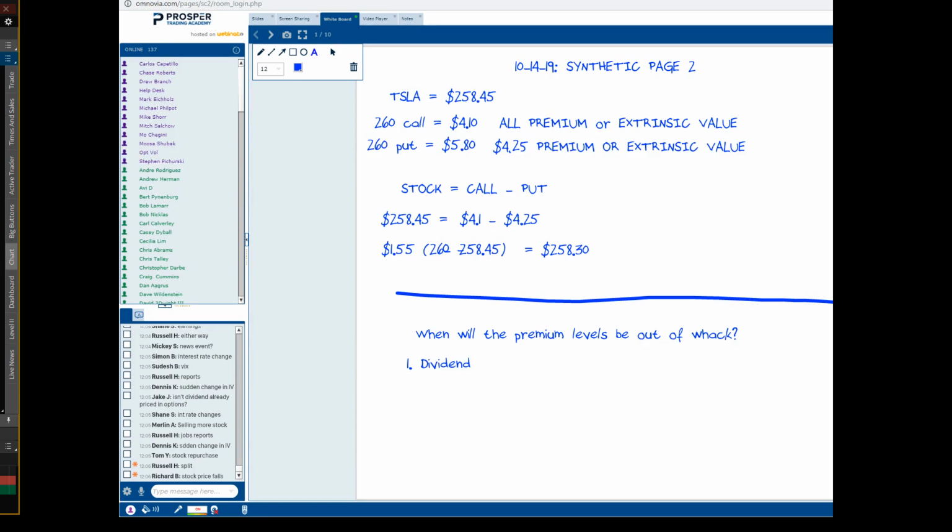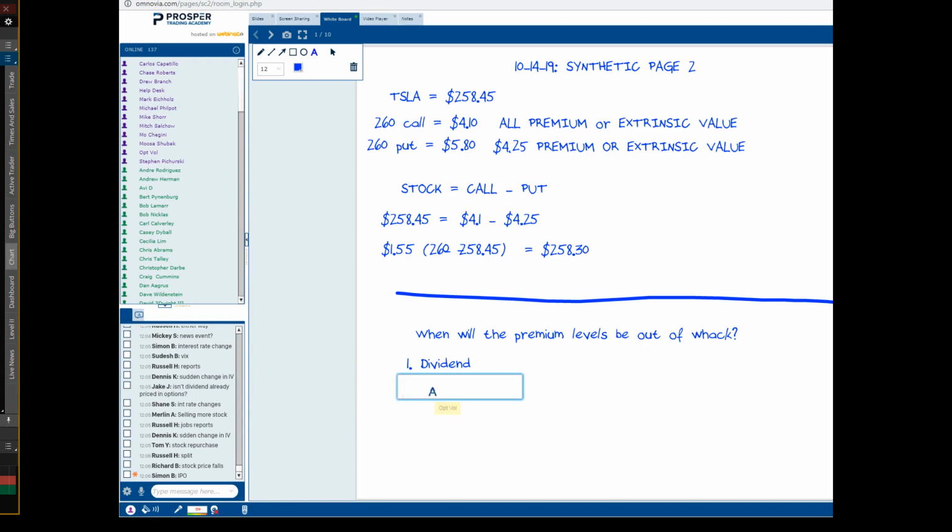Okay, remember when a stock, especially a new stock, comes out, an IPO, Beyond Meat, Slack, whatever it is. These stocks come out and there's not a lot of stock to trade, right?